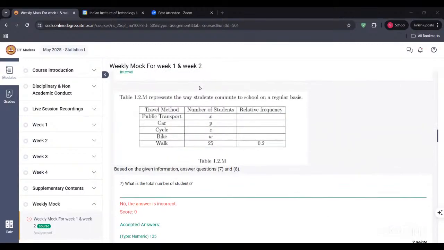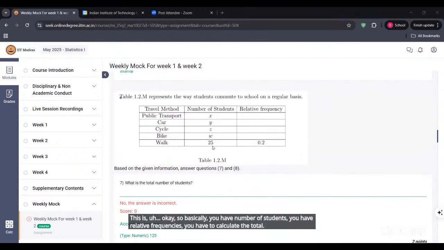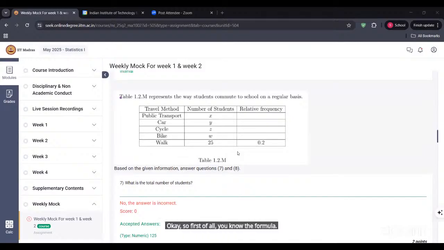Okay. So basically you have the number of students and the relative frequencies, and you have to calculate the total. First of all, do you know the formula of relative frequency? Yes, ma'am. Frequency by total frequency. So by that formula, can you calculate the total frequency? Because you have the relative frequency and you have the frequency.